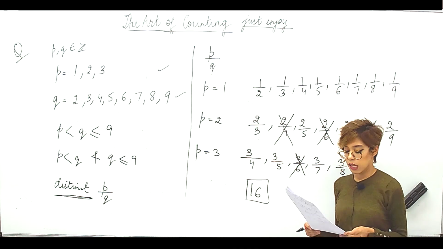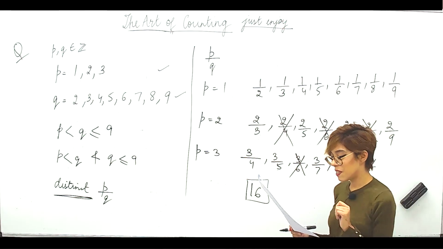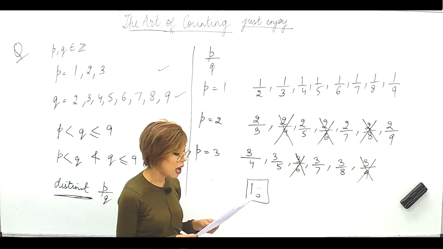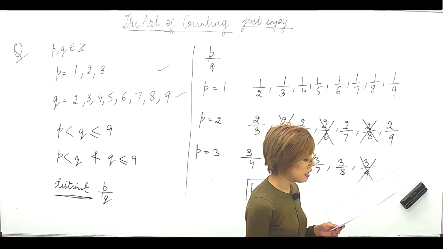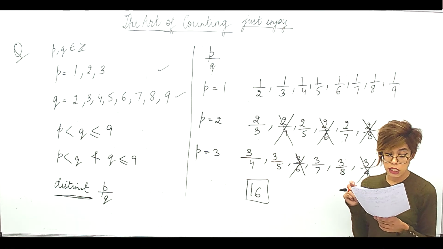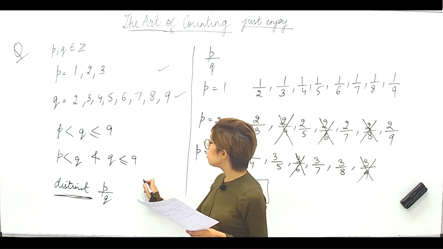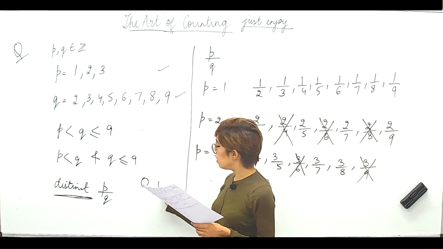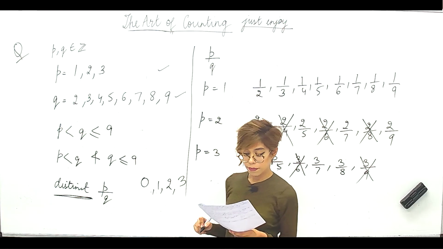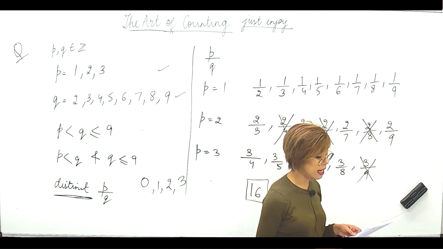Right? Okay. Next one. Next one is also quite nice. How many 3-digit numbers divisible by 3 using the numerals 0, 1, 2 and 3 without repetition?